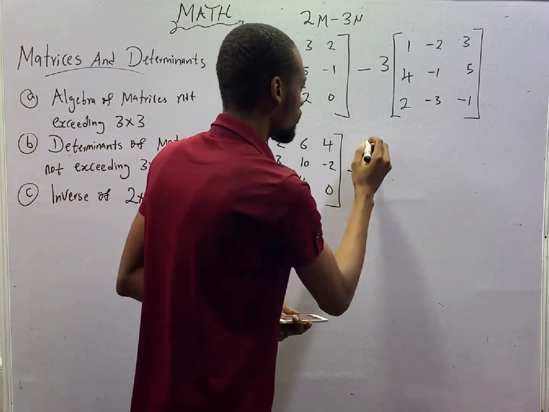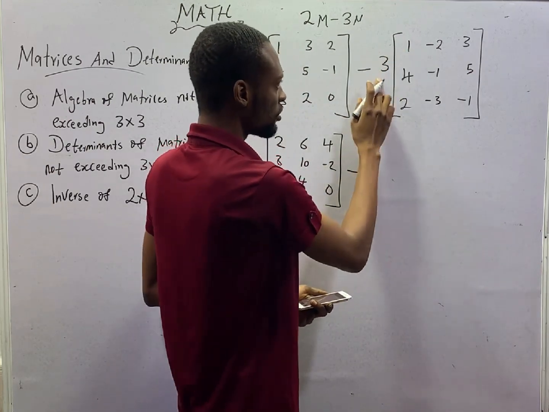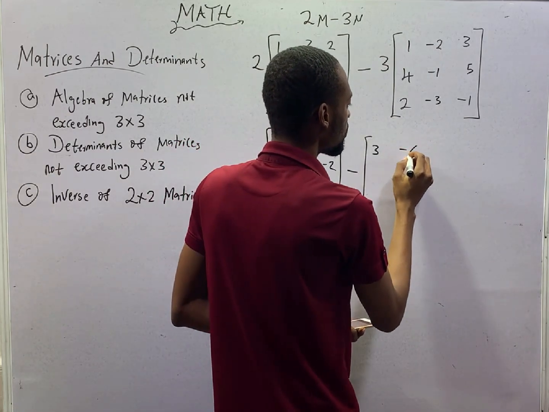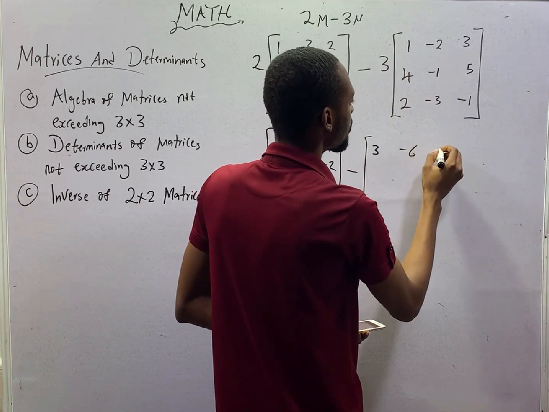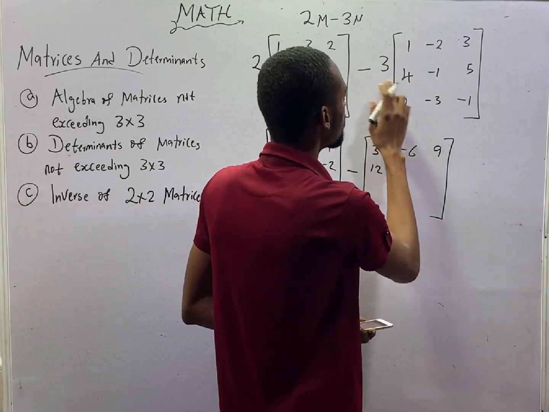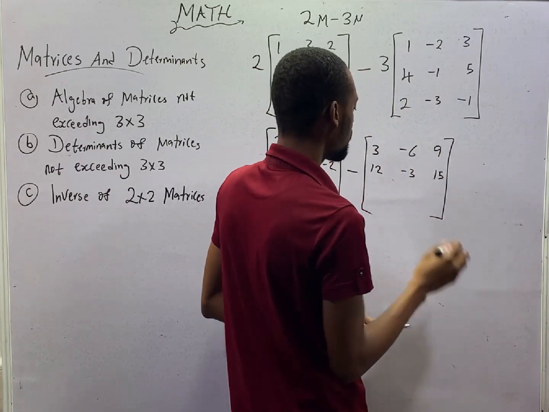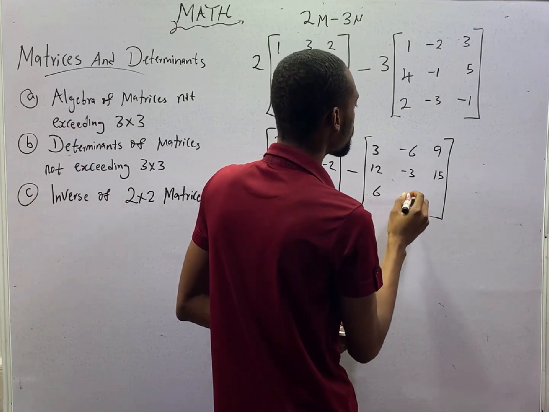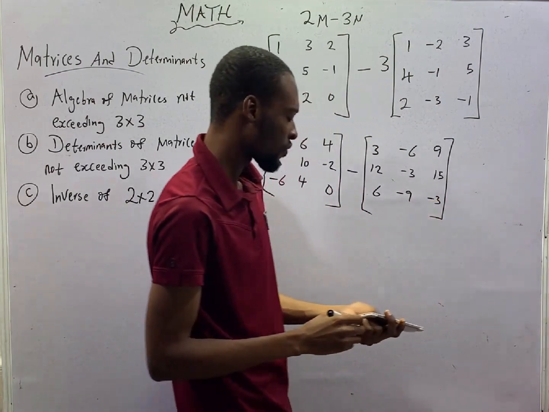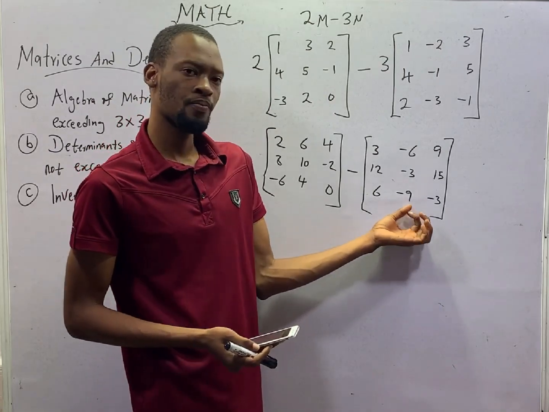Minus 3 times 1 is 3, 3 times minus 2 is minus 6, 3 times 3 is 9, 3 times 4 is 12, 3 times minus 1 is minus 3, 3 times 5 is 15, 3 times 2 is 6, 3 times minus 3 is minus 9, and 3 times minus 1 is minus 3. From here, this is 2M and this is 3N.